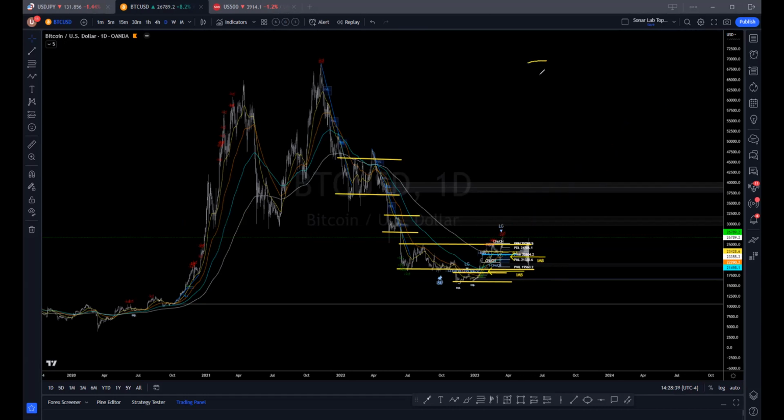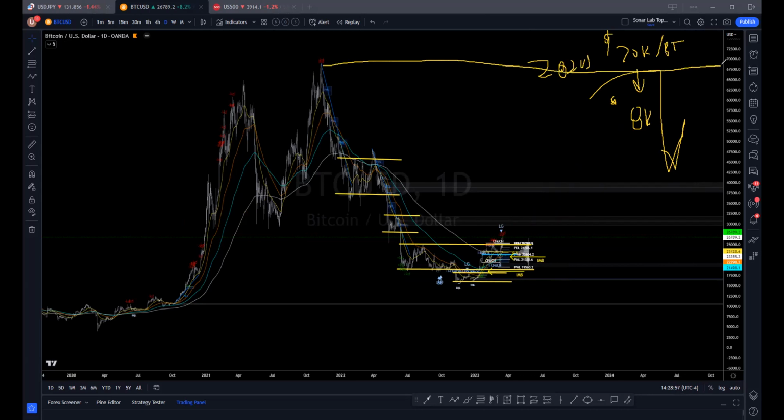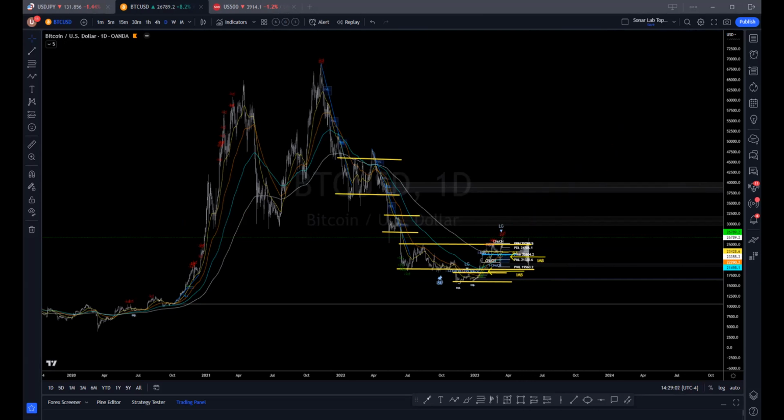So Bitcoin 2024, look for 70K, 80K before we pull back, right? A big pullback. So 70K, 80K a Bitcoin. We'll definitely go past this $67K level where Bitcoin was experiencing some very nice volatility.